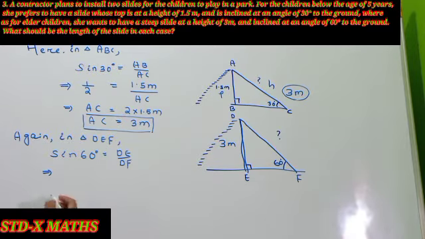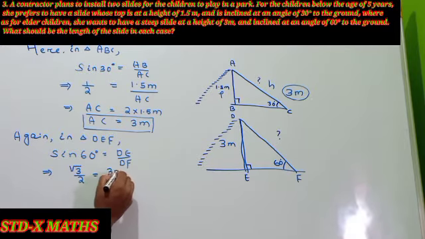Sine 60 degree is root 3 by 2, DE is 3 meter, and DF is not given, so let it be DF.